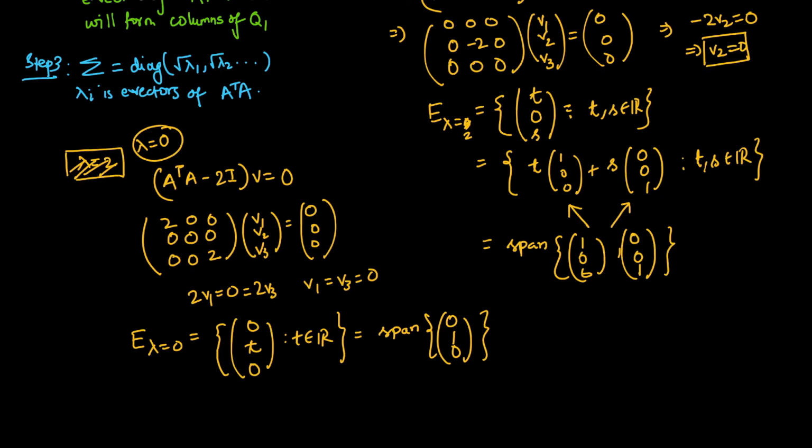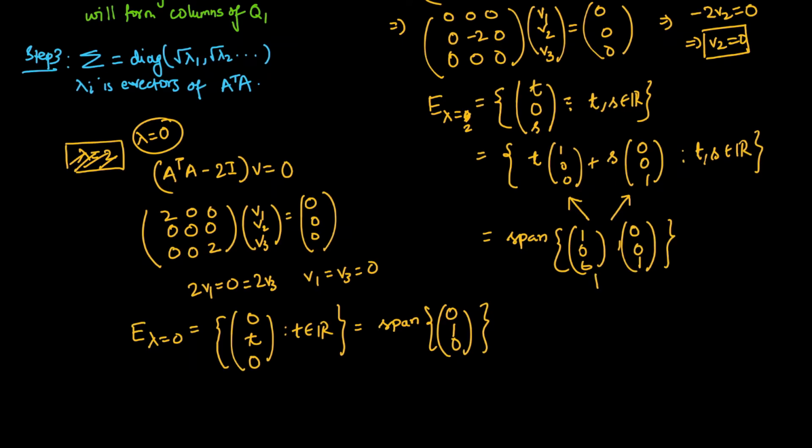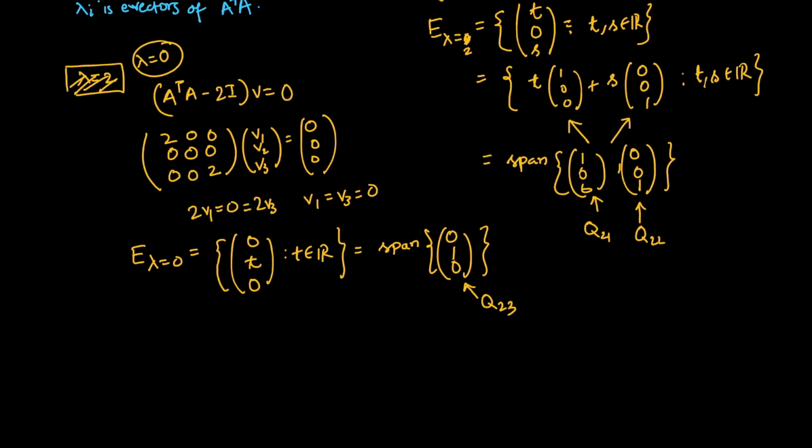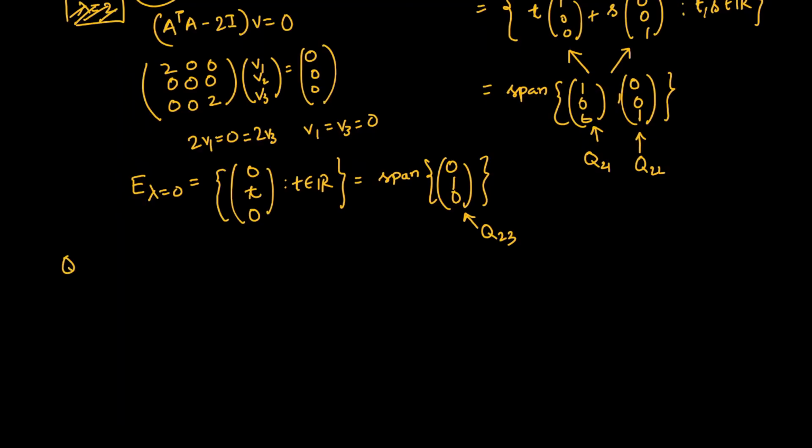So this will be the third column. So this is the first column of Q2. Let me write it as Q21. This is the second column, Q22, and this is the third column, Q23. Okay. So what is Q2? Now we obtain Q2 to be equal to 1 0 0, 0 0 1, and 0 1 0.